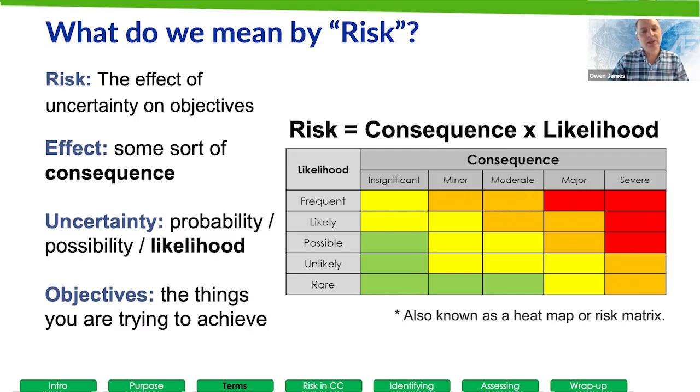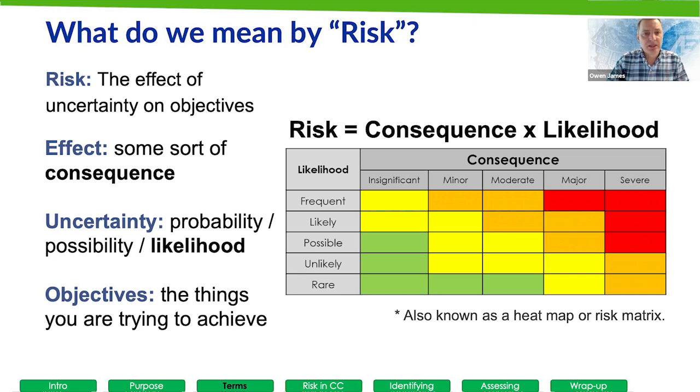So they are the things that are important to you. So generally we accept that keeping people safe is something that's important. Not polluting the environment, being resilient to climate change is important to us. So those are all objectives. And a lot of organizations have their objectives stated quite specifically.